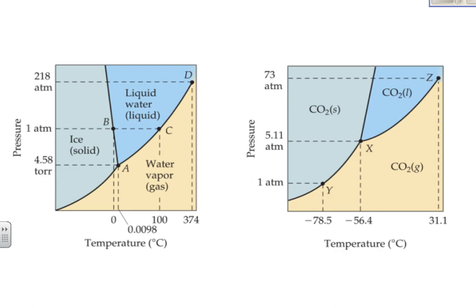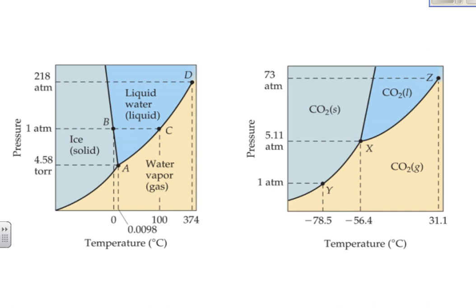One of the nice things that we can use these phase diagrams for is to look at the anomalous behavior of water, that it actually gets less dense when you form the solid. If you look over here on the right, it's carbon dioxide. This is our general phase diagram for most substances. And over on the left is the one for water.